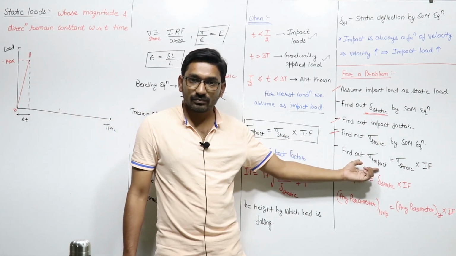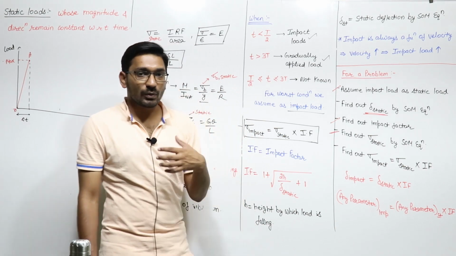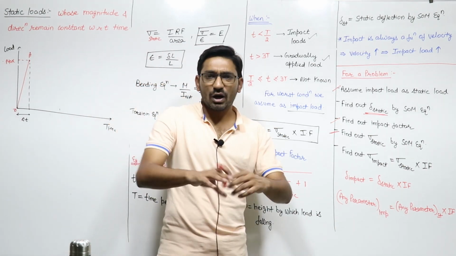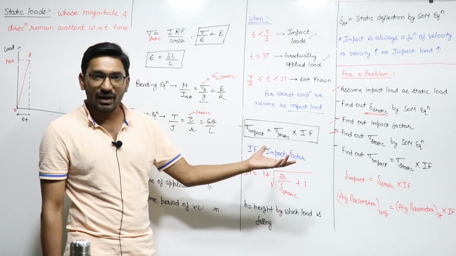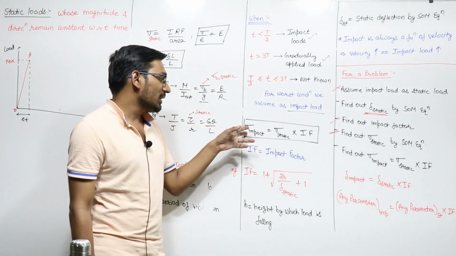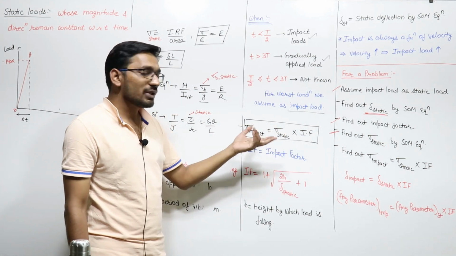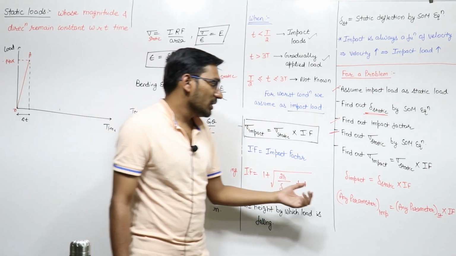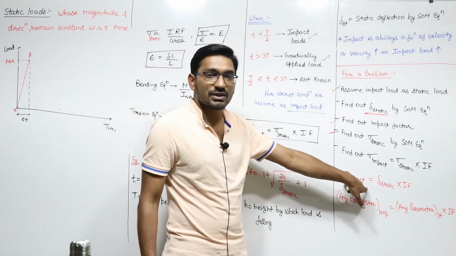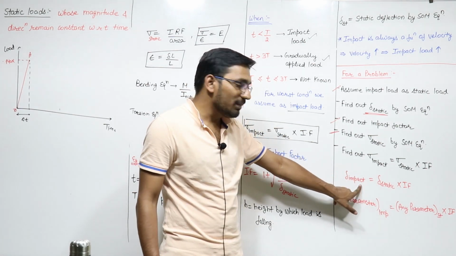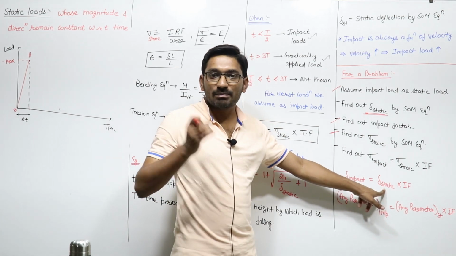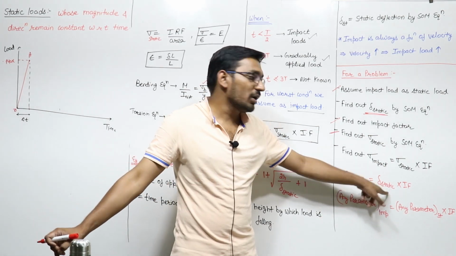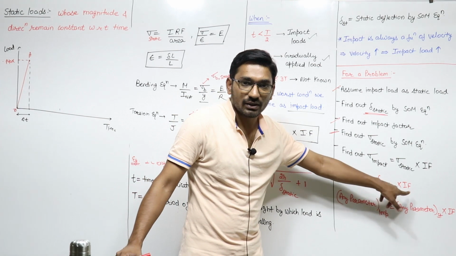Similarly, if you want to calculate the deformation in the body because of impact loading, the same formula is valid; just in place of the stress term, put your deflection term. The deformation due to impact loading will be equal to the deformation when your impact load is treated as a static load, multiplied by the impact factor.